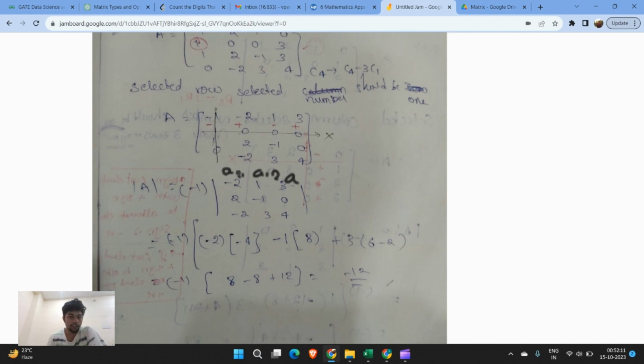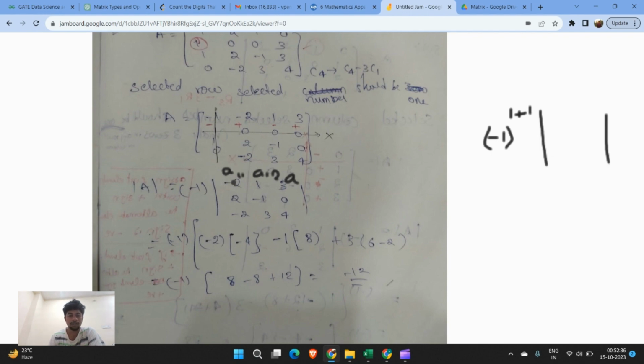So the formula is like simply: you have to sum minus 1 whole power i plus j, whatever the i value and j value is, multiplied by the determinant of the 2 by 2 matrix.